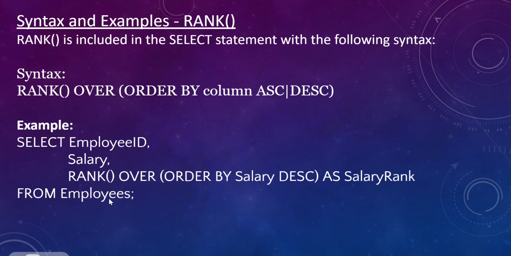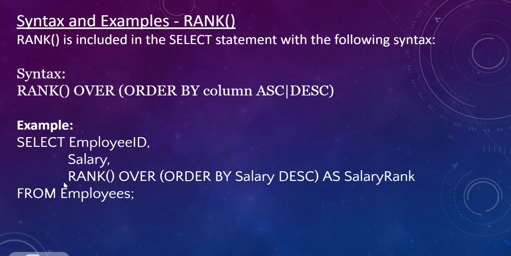Here I'm taking one example, although we will discuss the exact query later. This is how we can write the query using the rank function. For example, there is a table known as employee with two columns: employee ID and salary. We want to create an additional column with the salary rank, and of course we will rank them based on their salary.